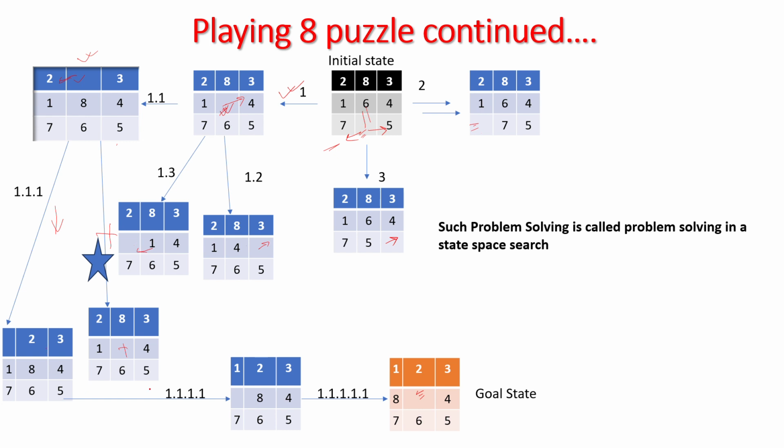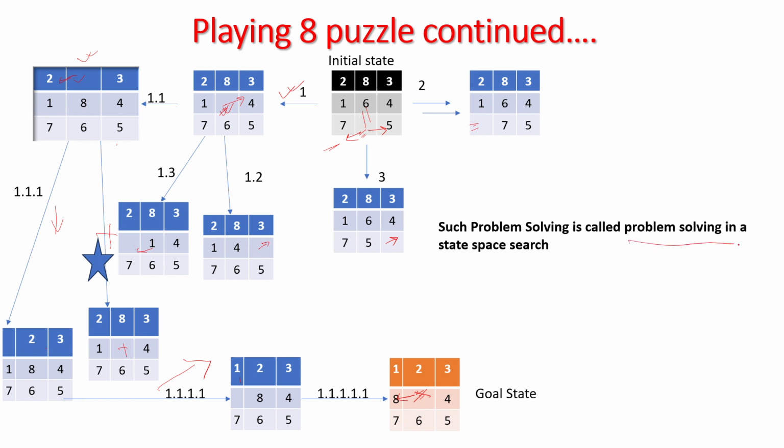So from here again I am proceeding in this direction. This one I am taking. Here 1 will be shifted up and the empty will move downward. So from here, the final position is that 8 will be shifted towards the left and the empty will come in the middle, center.